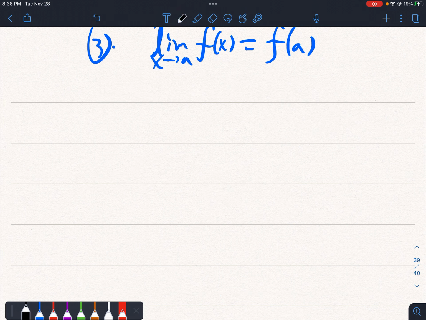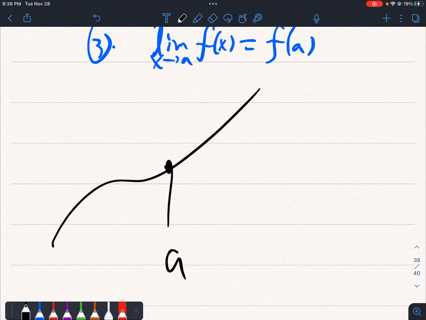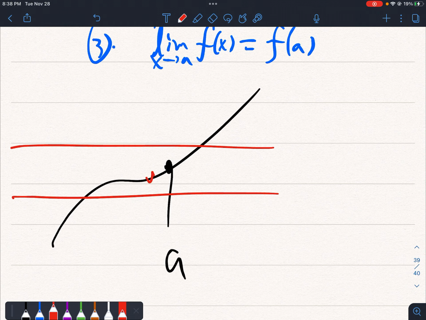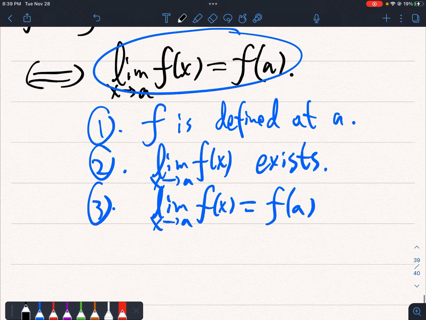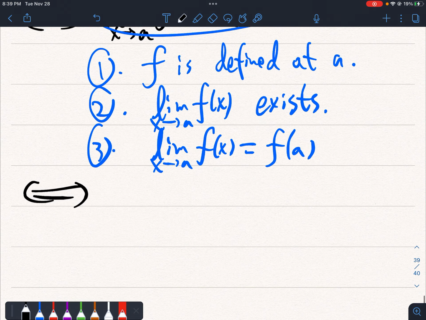So if a function is continuous at this point, what does it mean? It means that for all epsilon bigger than 0, you can find some delta such that for all x in the entire open interval around a, including this point, they are close enough. So you actually have an equivalent definition, because the value at this point is exactly the limit.